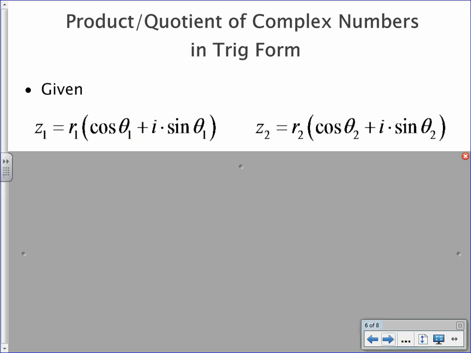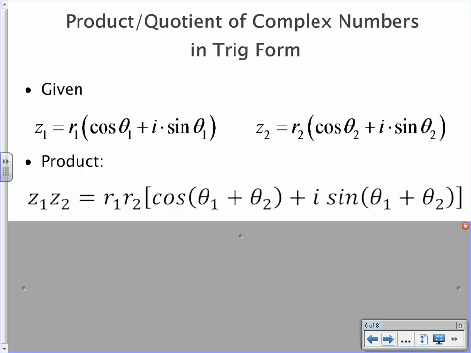Now, if you have two complex numbers in trig form, all you have to do is multiply your R values and add your angles, and you have your new number. So multiply the R's, add the angles.